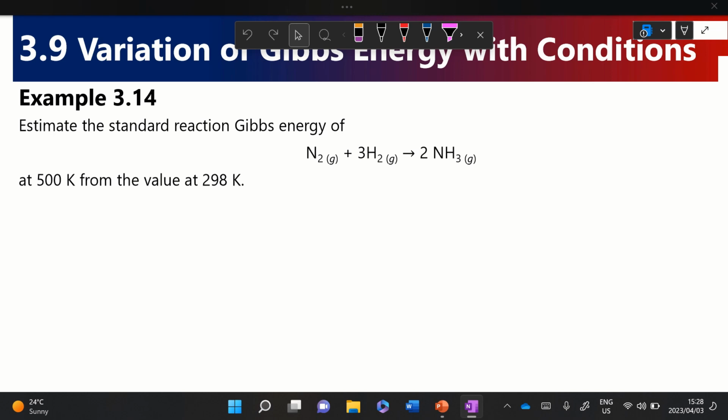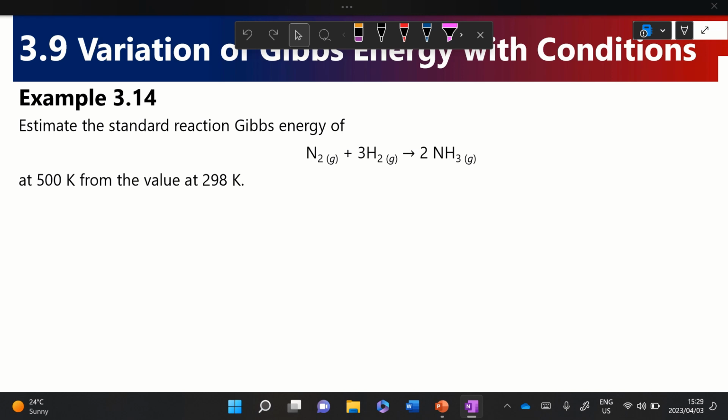Alright, so we're asked to estimate the standard reaction Gibbs energy of the Haber-Bosch process at 500 Kelvin from the value that it is at 298 Kelvin. Typically what we use for this case is the Gibbs-Helmholtz equation, but the Gibbs-Helmholtz equation is only going to help us at a specific temperature.